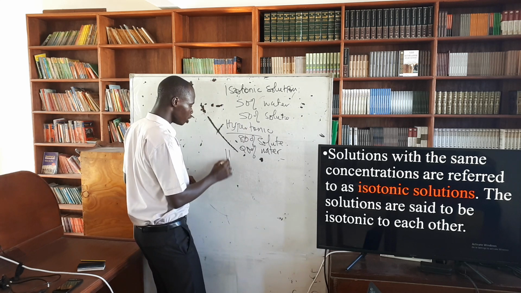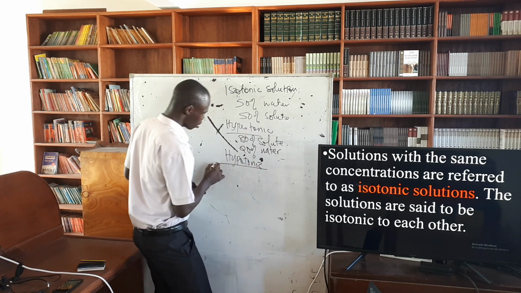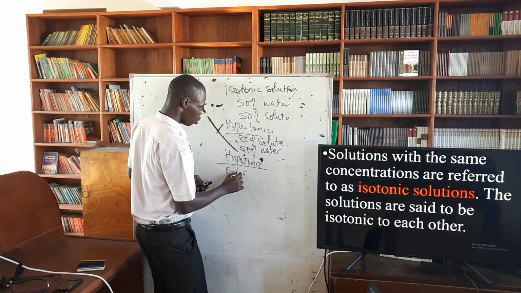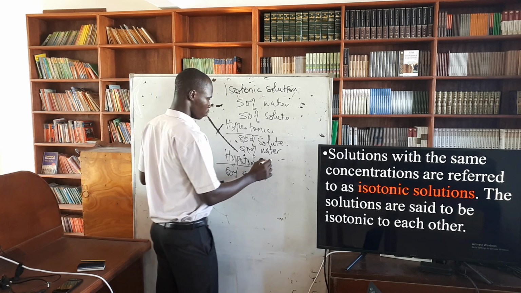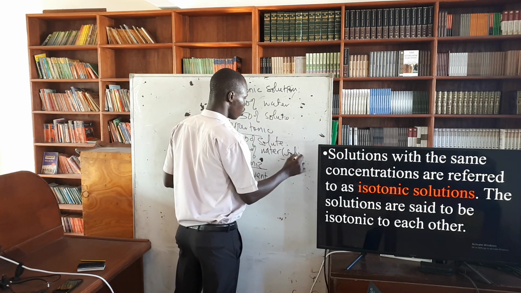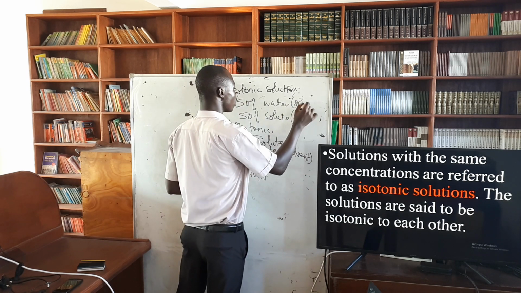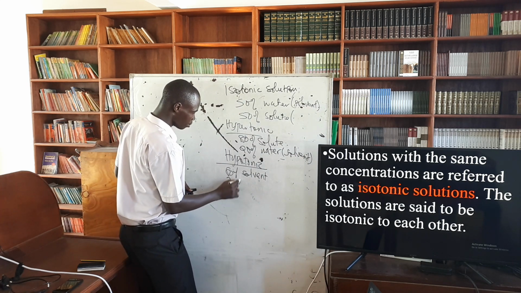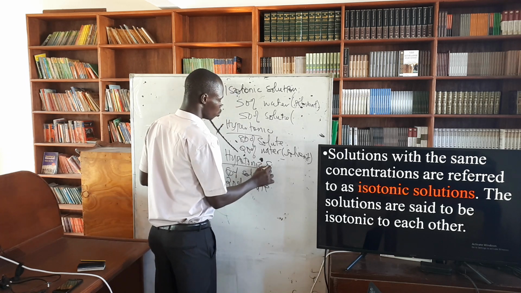Then hypotonic: 80% solvent, 20% solute. Water is one of the solvents. And the solute and solvent together form the solution.